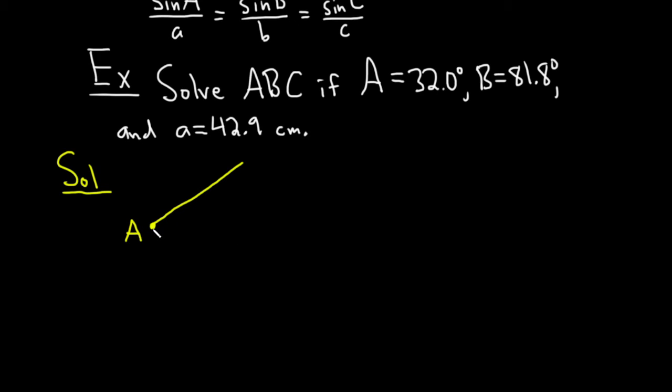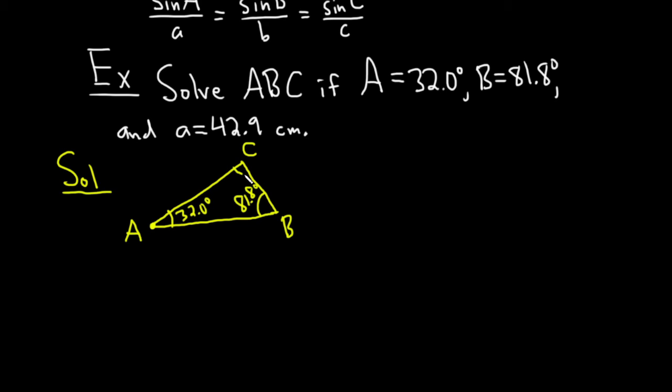It's 32. So I'm going to draw it like this. And then here is going to be our B. So B is 81.8 degrees, and then A is 32.0 degrees, and then this will be C.